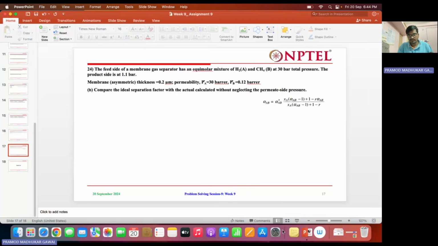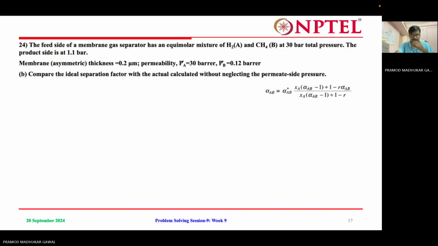Now moving to the second part: compare the ideal separation factor with the actual one calculated without neglecting the permeate side pressure.